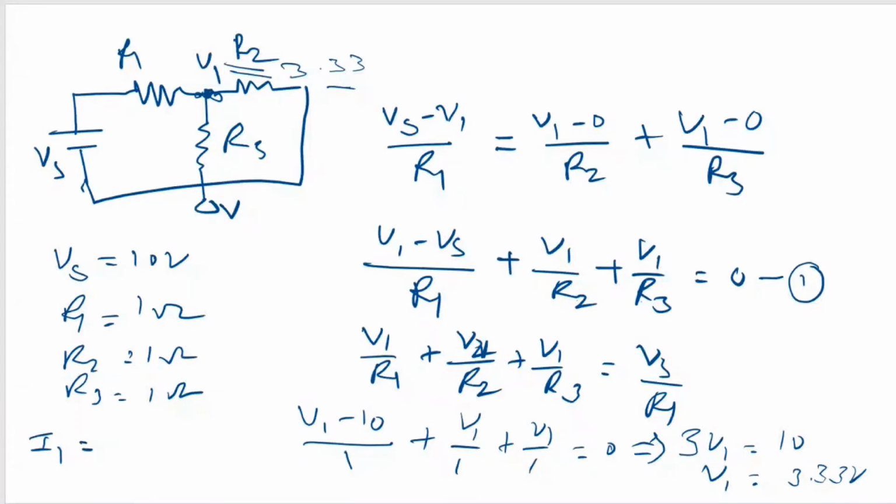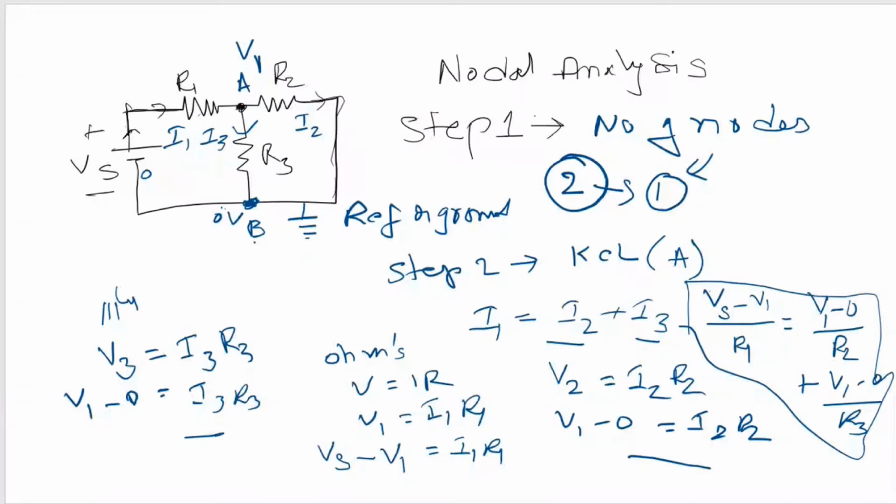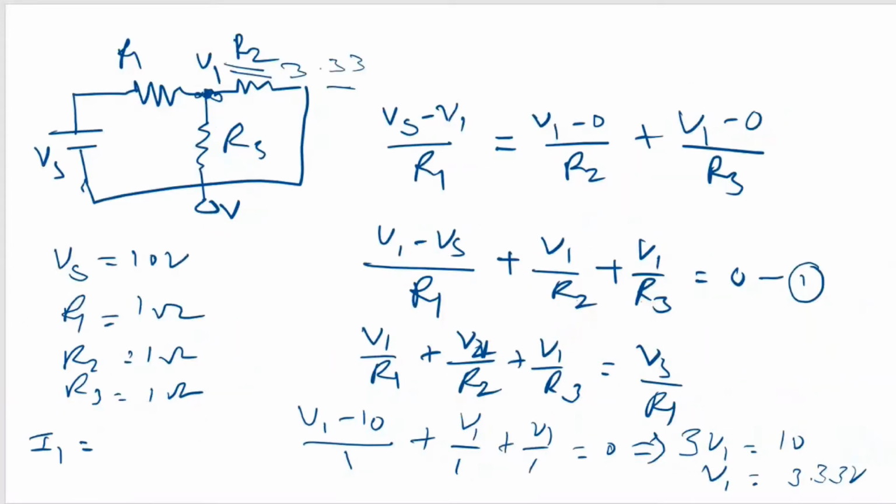Here it was V1 minus Vs by R1 because we sent this term to this side, so it is Vs minus V1 by R1. Vs is 10 minus V1, 3.33, divided by R1, which is 1. So it is 10 minus 3.33.